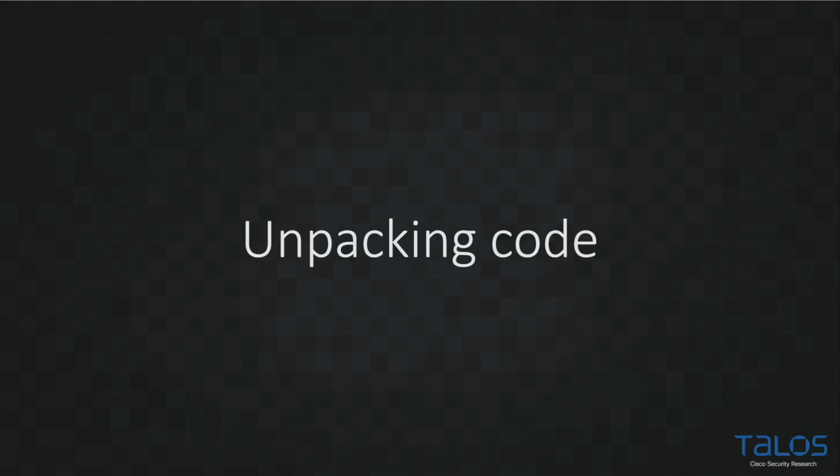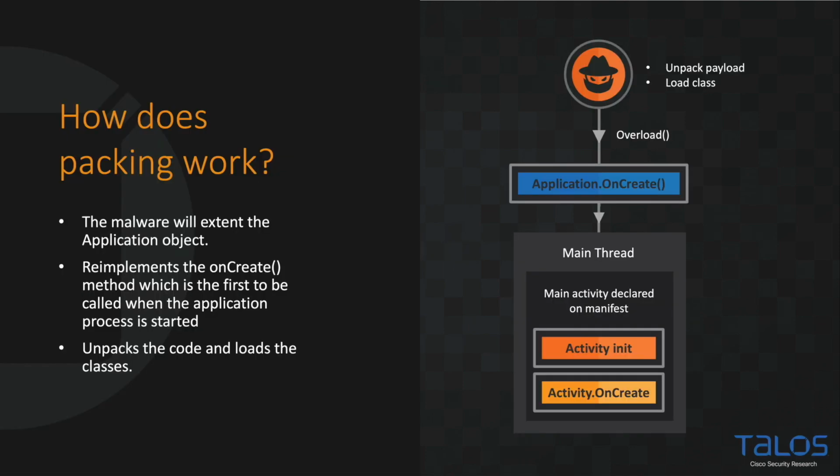But now we need to unpack the code. It's packed. We need to look at those classes and know exactly what they do. First, let me explain a little bit how most of the packers work on Android. Pretty much what they do is hook the onCreate method that exists on the application. At this point they do the unpacking and write or somehow load the classes that are actually defined in the manifest.